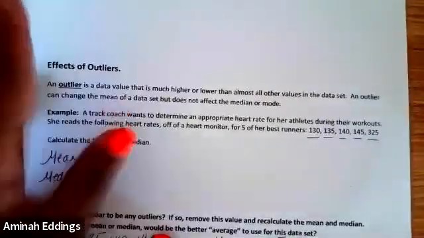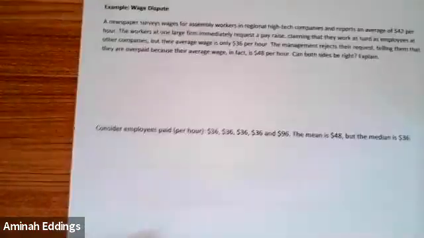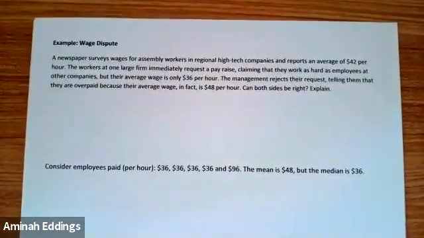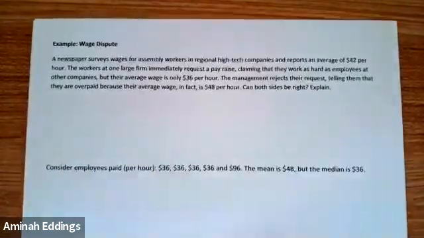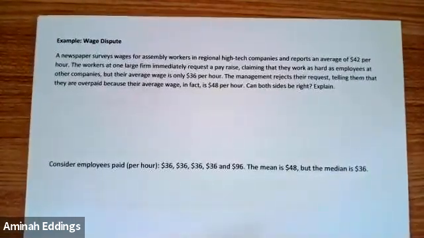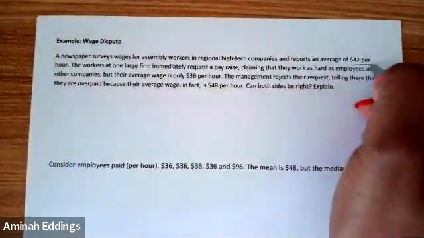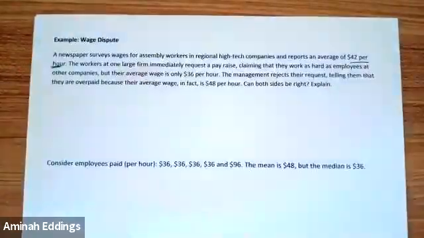Okay, let's look at another example then. All right, a newspaper surveys wages for assembly workers in regional high-tech companies, and they report an average of $42 per hour.